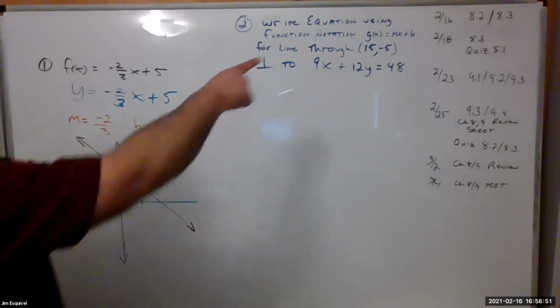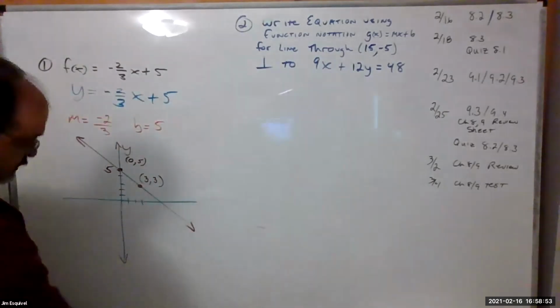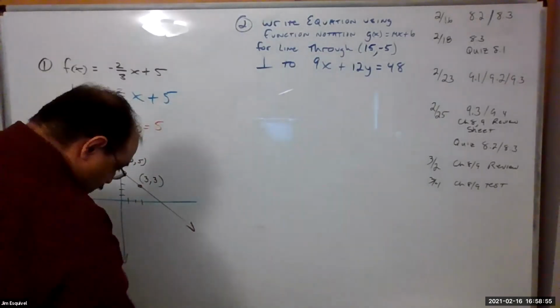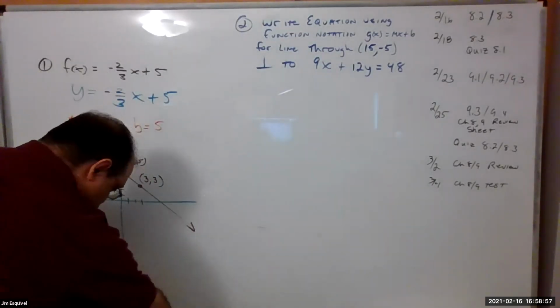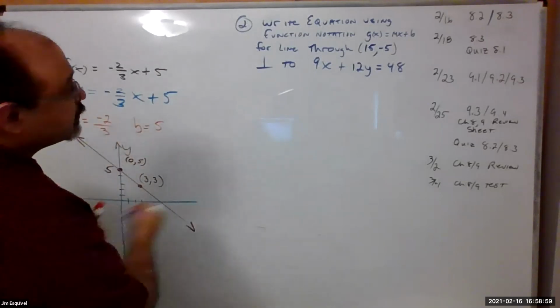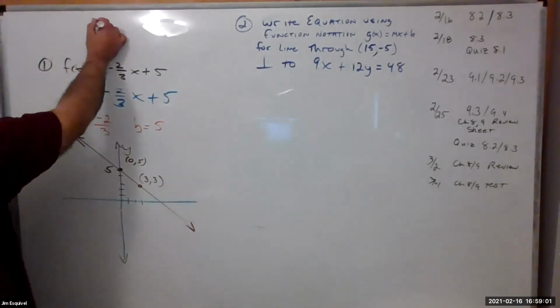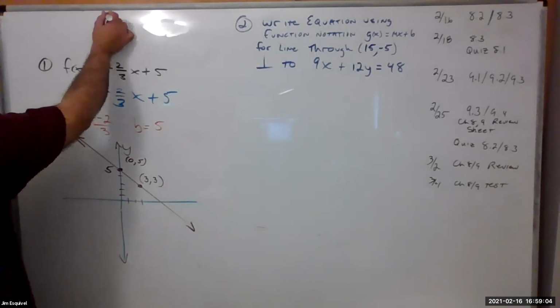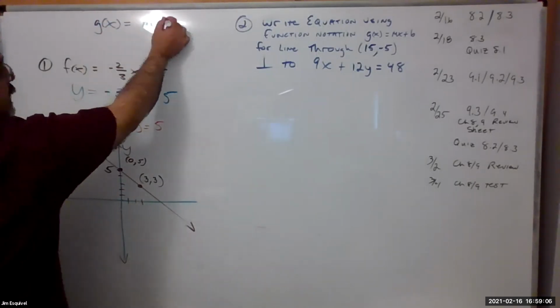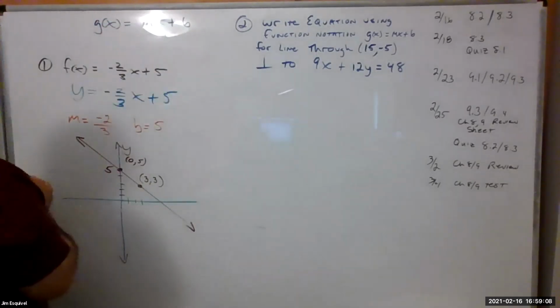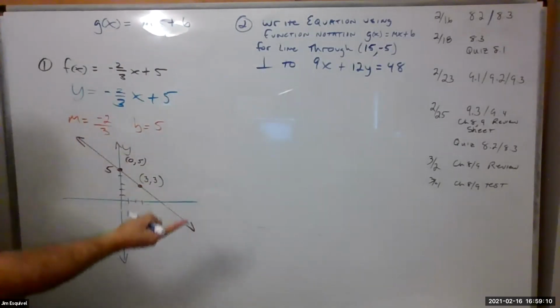We want to write this one using function notation. So the final answer in function notation, g of x, is g of x equals mx plus b. So remember what that means.